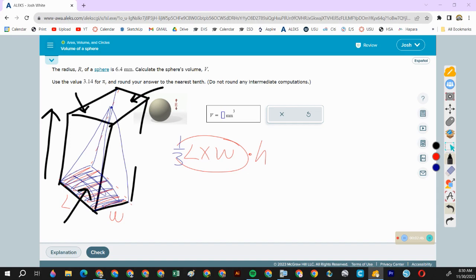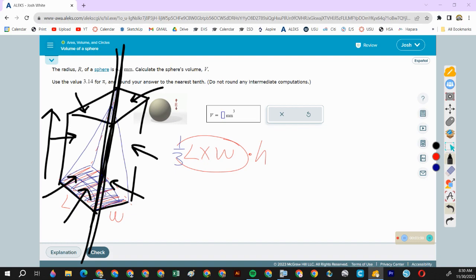So if I sort of cut this right down that line right there, then this side of the pyramid is going to be half as big as this empty space, and that side of the pyramid is going to be half as big as that empty space. So we essentially have three volumes that are equivalent to the pyramid, the left, the right, and the pyramid itself. So the formula is 1/3 times the base times the height.